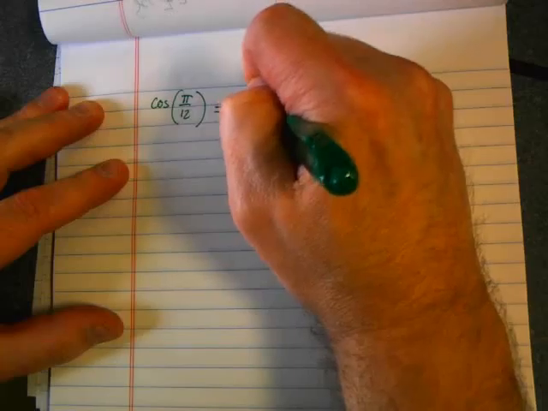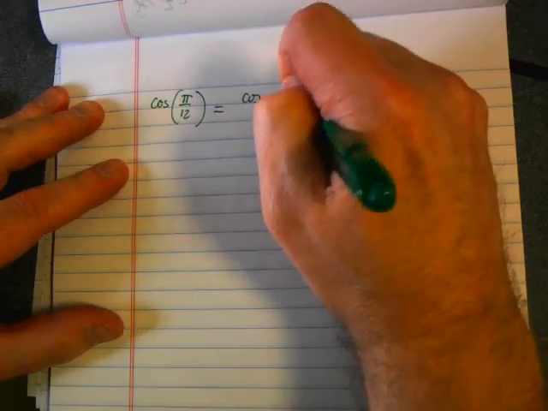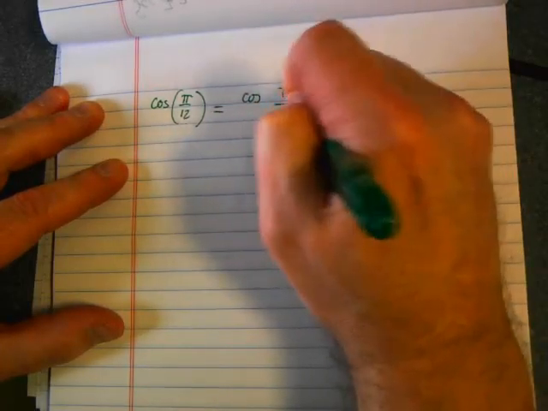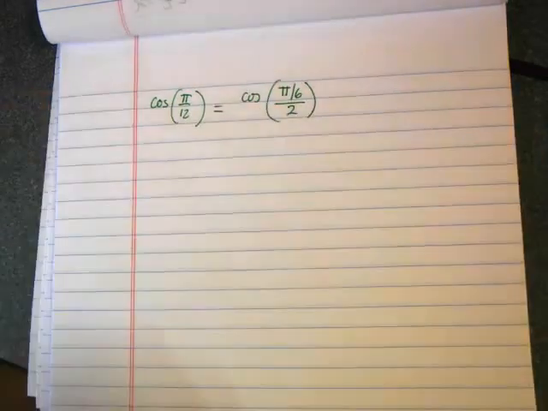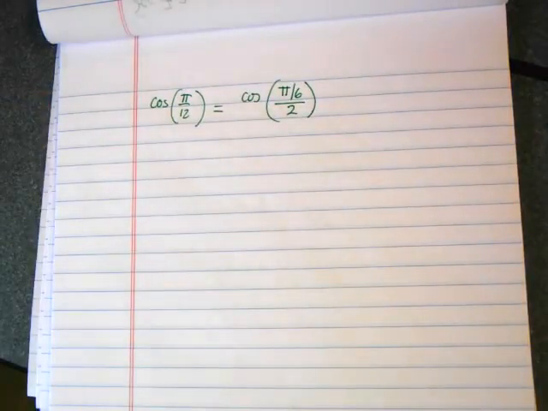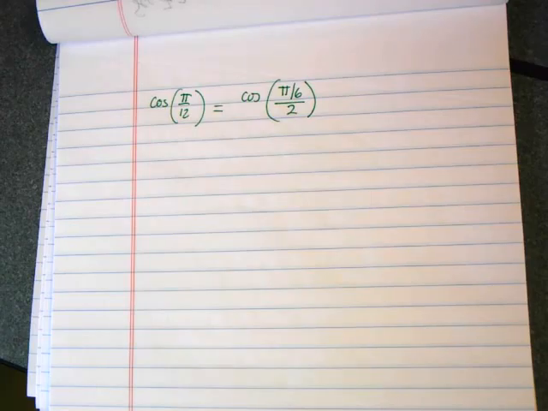How about cosine of pi over 6 divided by 2? Is pi over 6 divided by 2 the same as pi over 12? Yes, I think so. How come? You take pi over 6 and divide it by a nice little low number like 2.